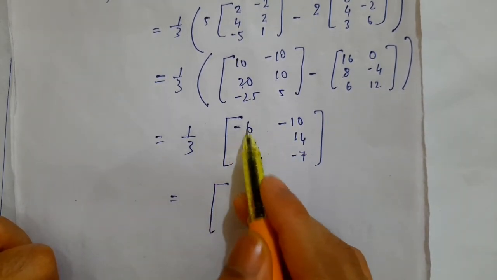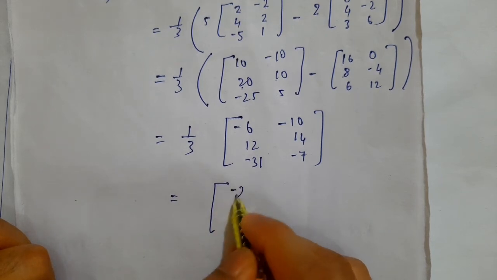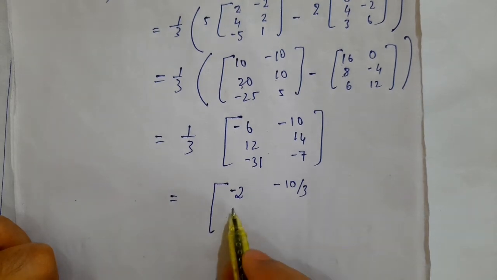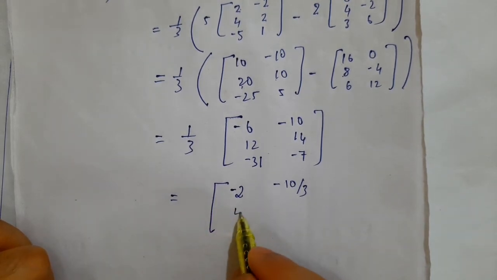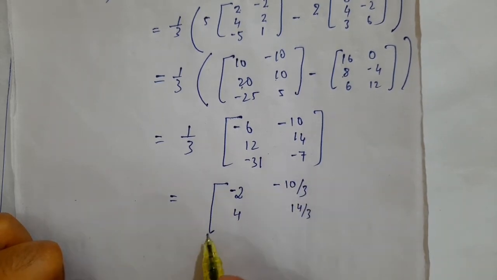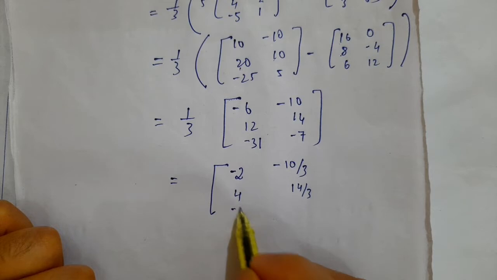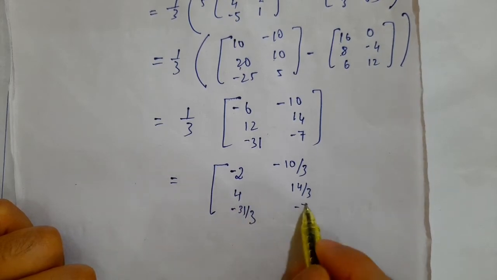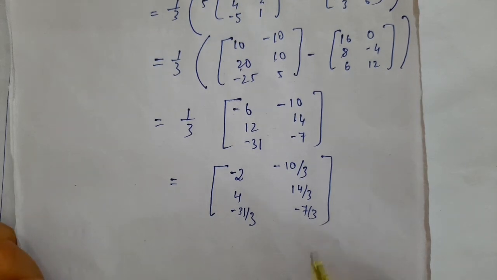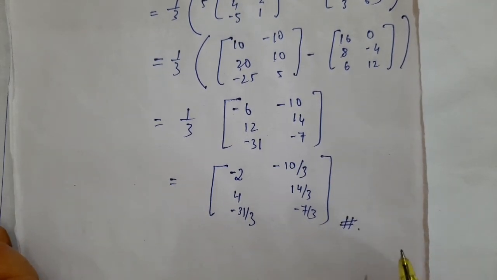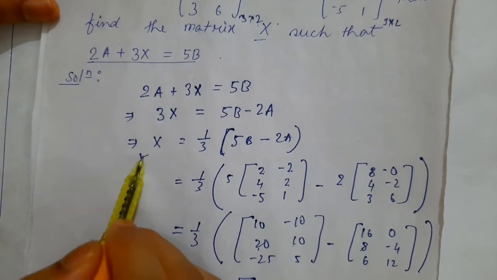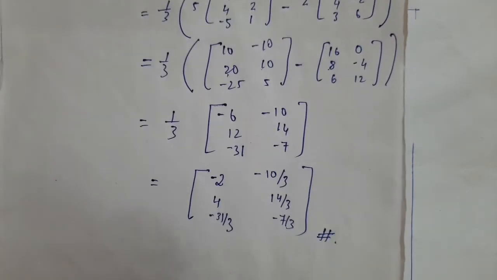So minus 6 into 1/3 will be minus 2, minus 10 by 3, 12 into 1/3 will be 4, 14 will be 14 by 3, minus 31 by 3, minus 7 by 3. That is the result. What they asked us to find is the value of X.